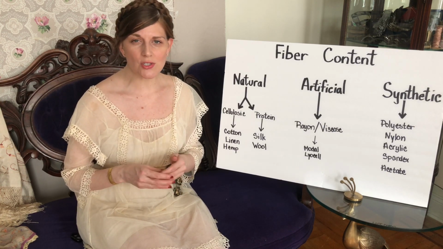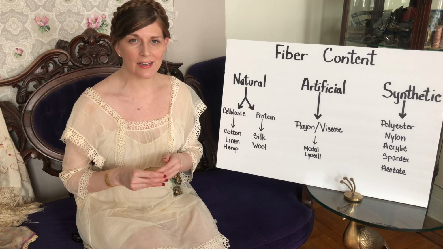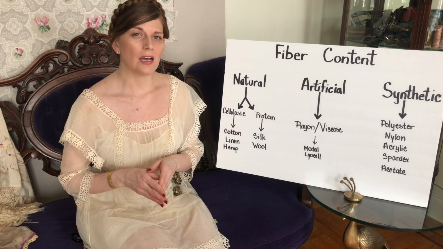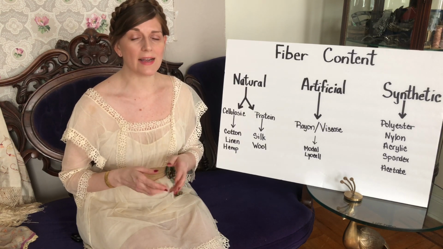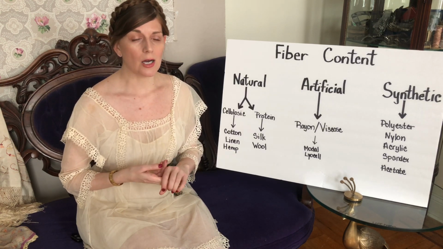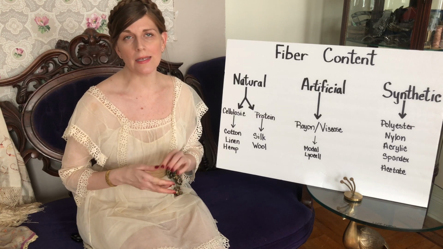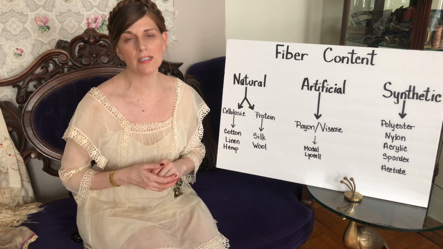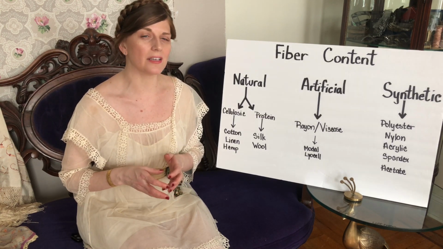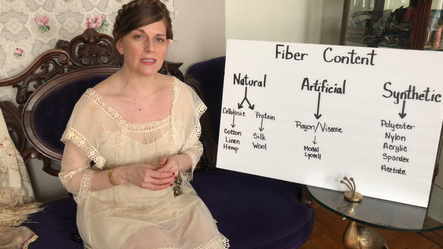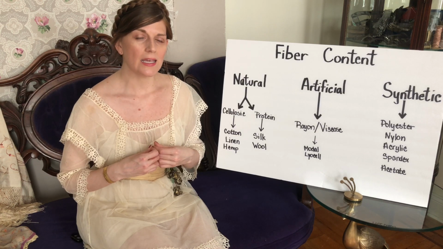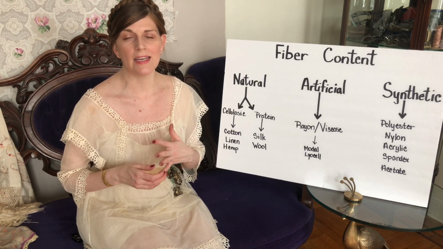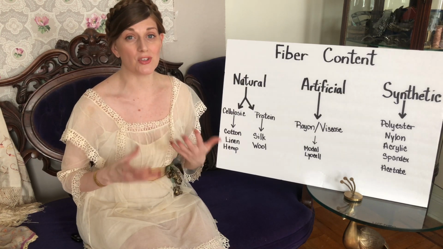One of the things that is so neat about linen is that it tends to have some of these properties that we think of as technological from our synthetics, and those two things are antimicrobial and wicking. Antimicrobial is the inhibition of bacteria, so it tends to prevent bacteria from growing, which is great. And wicking is the movement of moisture. If you perspire in linen, it will take the moisture from your skin, move it to the surface of the fabric, and help it dry.